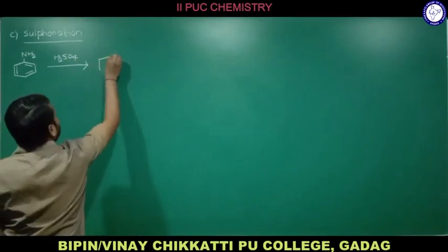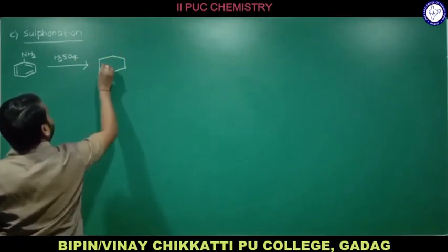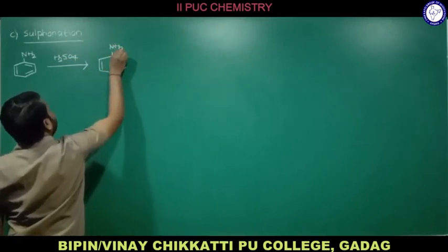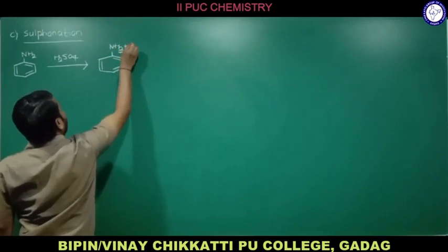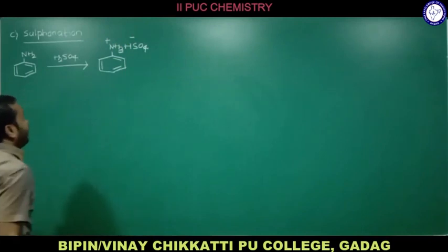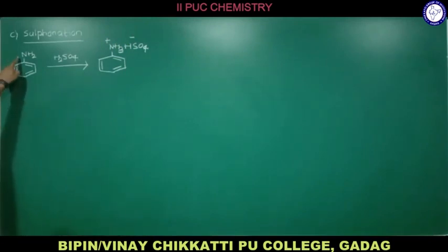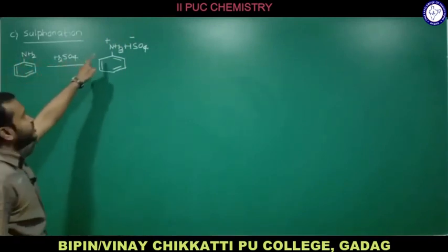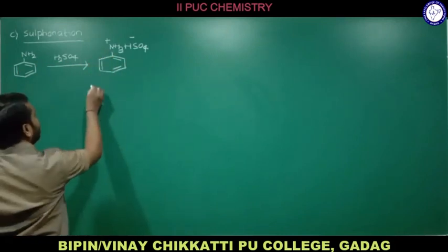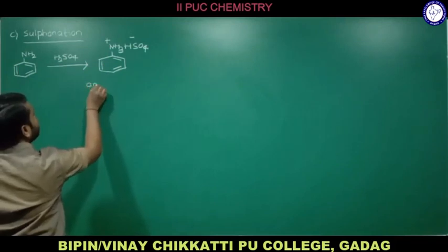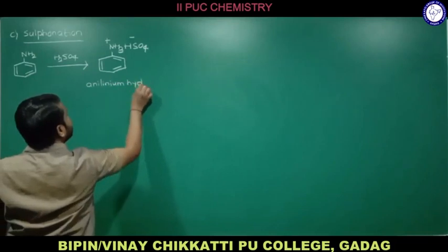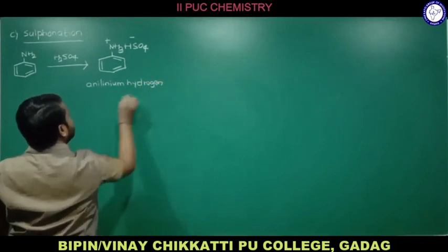When this is reacted, the substance we get here is NH3 plus HSO4 minus. NH2 is basic in nature, since we have strong acid, there will be abstraction of a proton, therefore we are going to get NH3 plus and HSO4 minus, and the name of this compound is anilinium hydrogen sulfate.